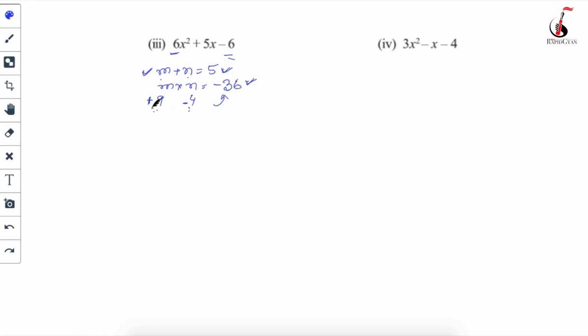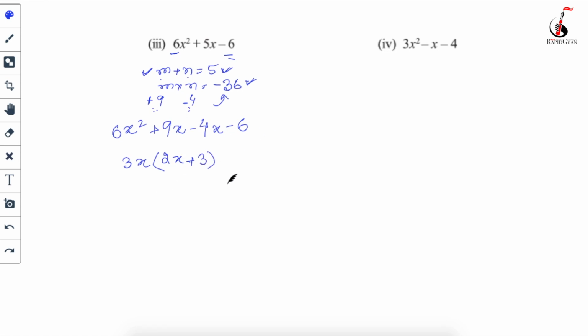Hope it's clear, guys. So now what we'll do, I will simply write it like this: 6x square, here I got plus 9 so I will write 9x, here I got minus 4 so I will write minus 4x, and then minus 6. Now from these two terms we can take 3x common. So what will I get? 3 twos are 6, so 2x, and 2x plus 3, correct?